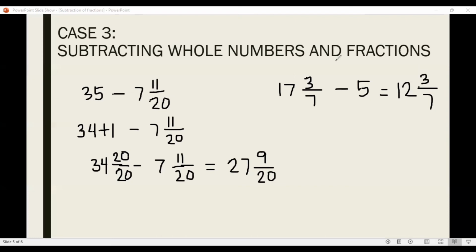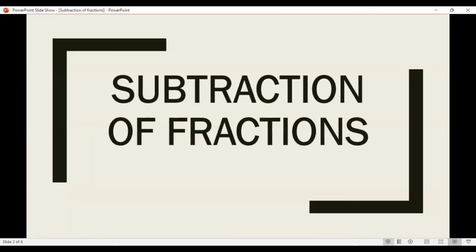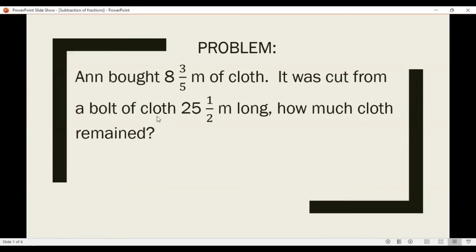So for now, we are going to go back to the problem that we had a while ago. So Anne bought 8 and 3/5 meters of cloth. It was cut from a bolt of cloth 25 and 1/2 meters long. How much cloth remained? So the operation that is involved here is subtraction.